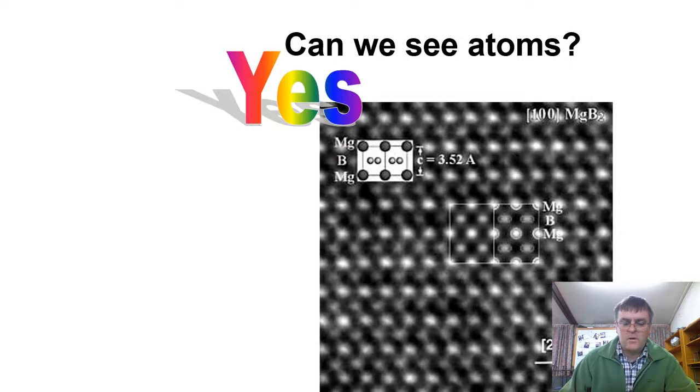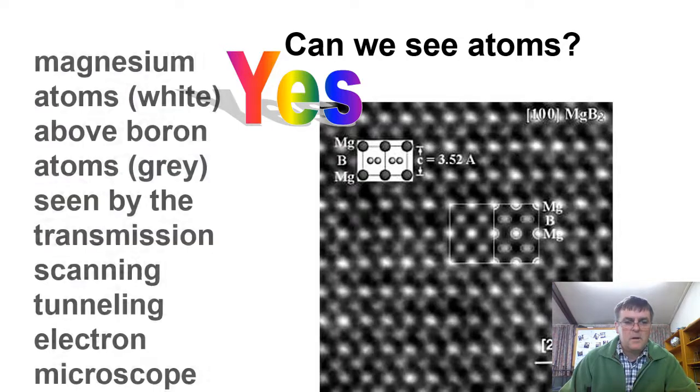There we go, that's what the image looks like, and that's magnesium atoms, which is the white blobs above boron atoms. So we can't see the bits of them, the protons, neutrons and electrons. We can sort of see a fuzzy outline of what the atoms are, and I'm not sure if we'll ever get super clear pictures of all the individual bits.